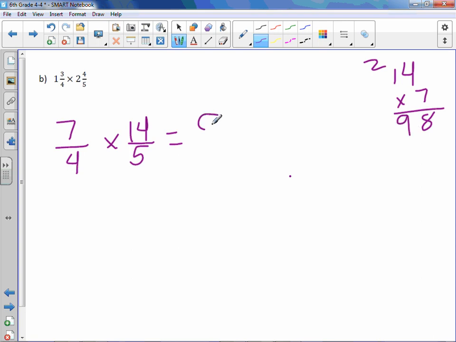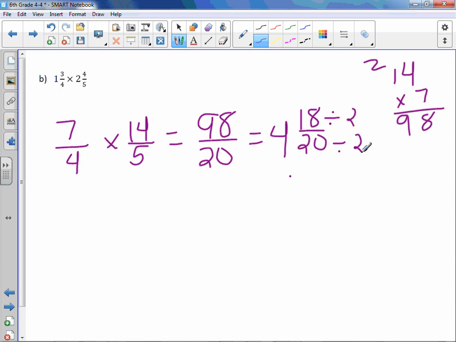We get 98 over 20. 20 goes into 98 4 times, which is 80, leaving 18 left over. I can definitely reduce this. I can divide by 2. I would get 4 and 9/10.